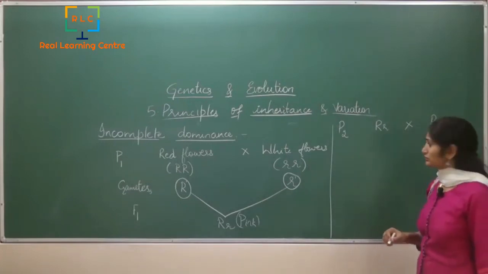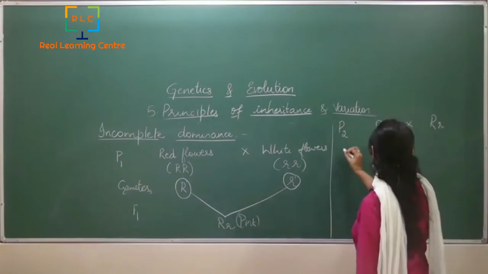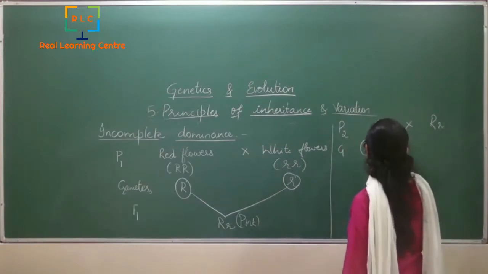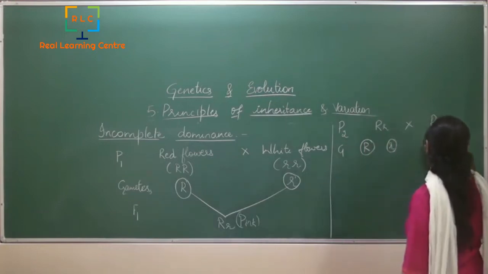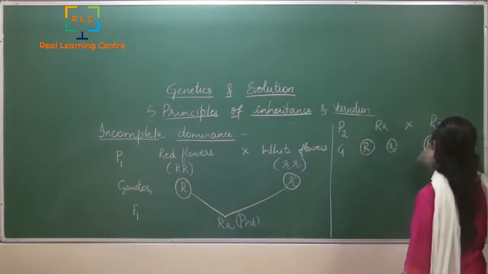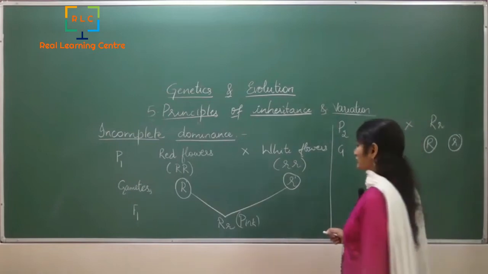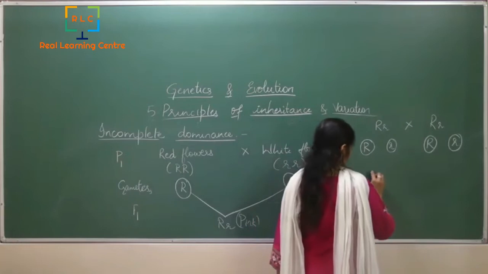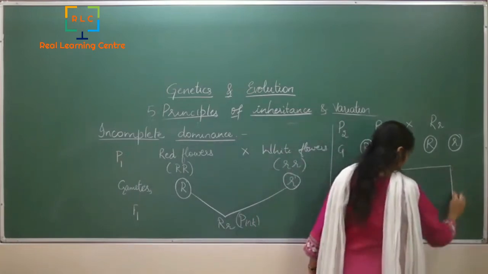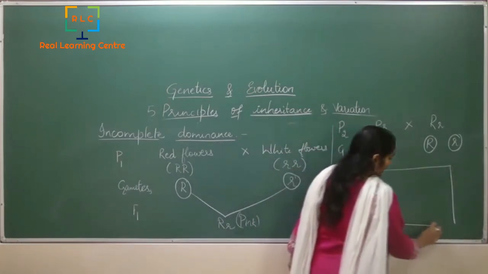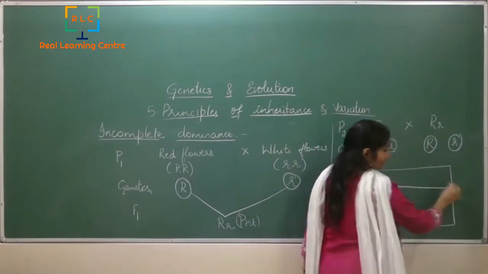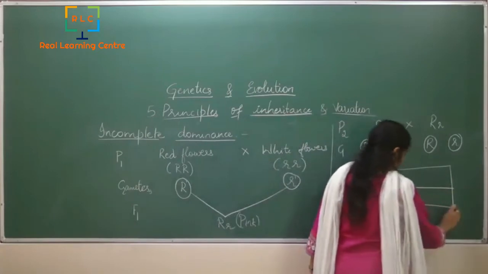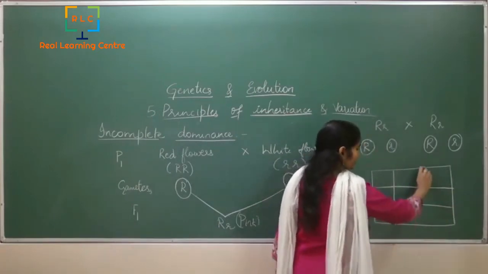Now if I take P2 as capital R, small r, pink colored flowers, and cross it with the same pink colored flowers, you see that the gametes are of two types, capital R, small r. Then in the F2 generation, instead of writing those lines here, I would use a nice easier way of putting that in a tabular column.